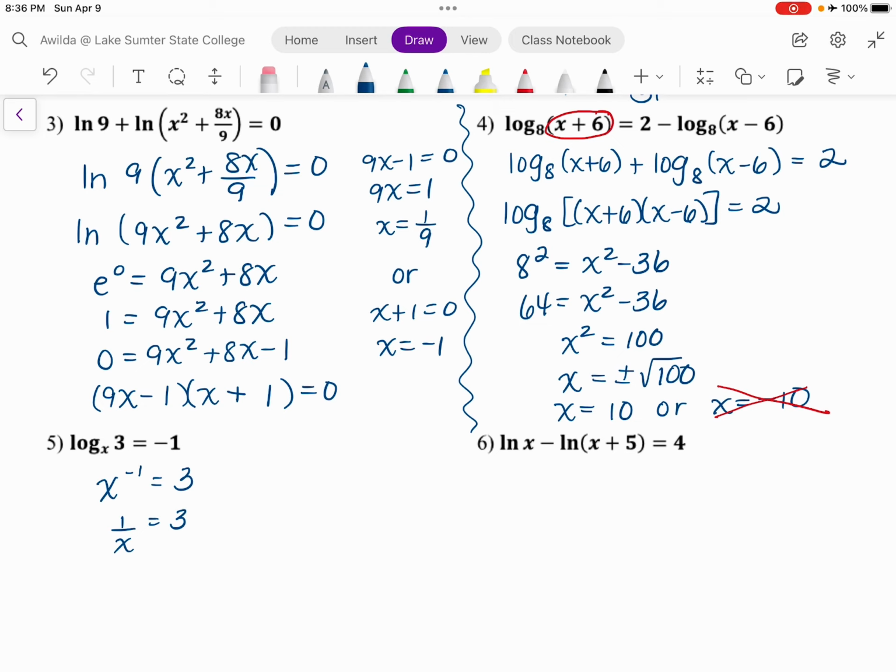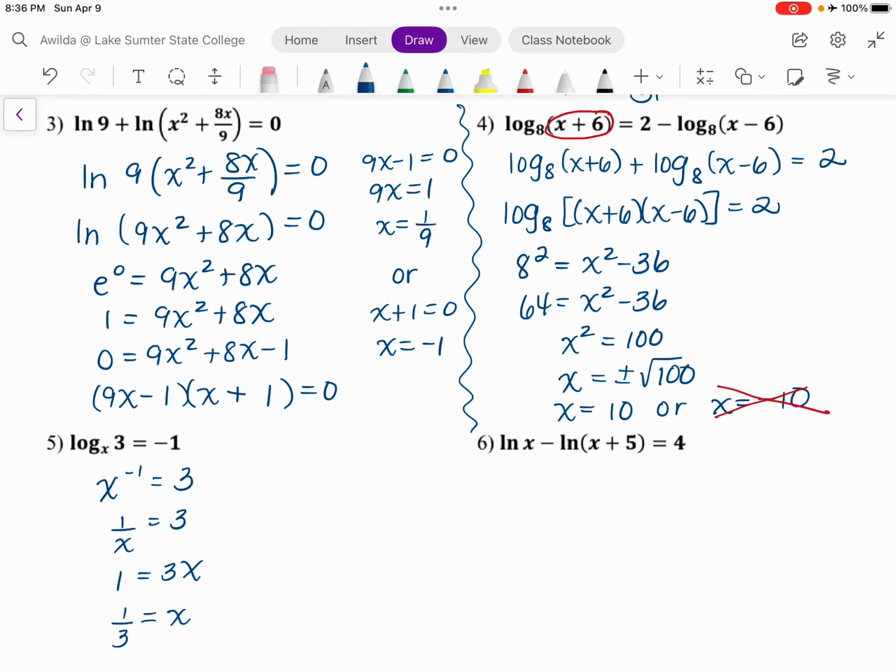Right now, the x is stuck in the denominator, so let's multiply both sides by x, which would give us 1 is equal to 3 times x. And then if we divide both sides by 3, we get that 1/3 is equal to x. The base is 1/3. I don't see any violations, so this is a true solution.